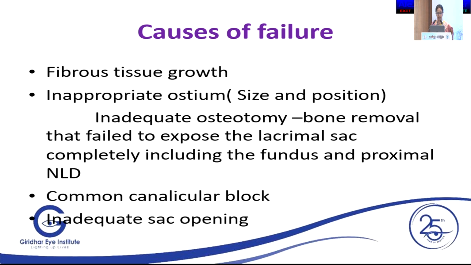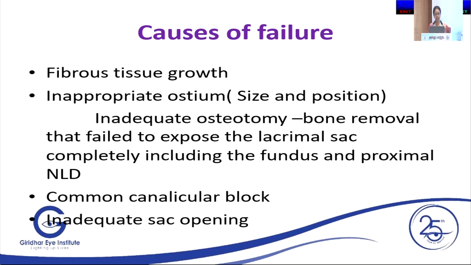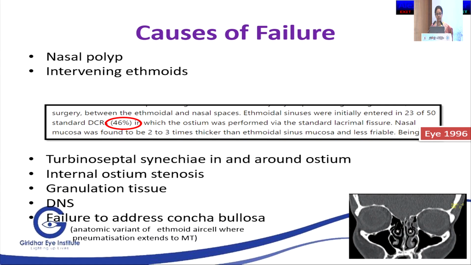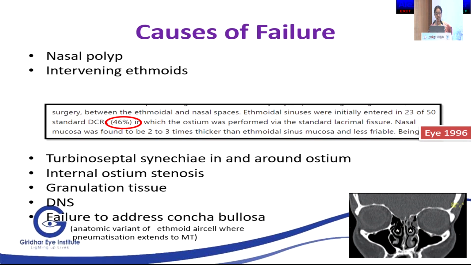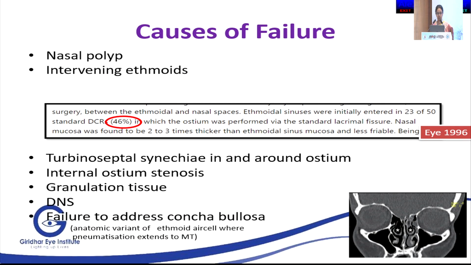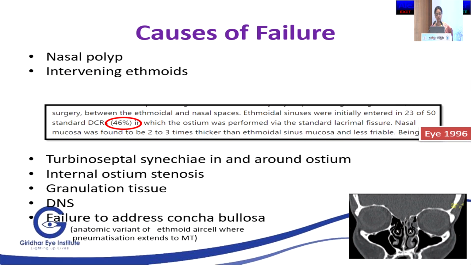Third is an associated common canalicular block. Then inadequate sac opening. That means you have not marsupialized the sac properly, or the sac opening is incomplete. Some of the nasal causes are a missed nasal polyp and a polyp obstructing the ostium. Then intervening ethmoids. In my lacrimal practice, I come across this very often.